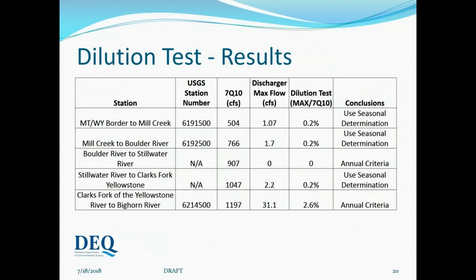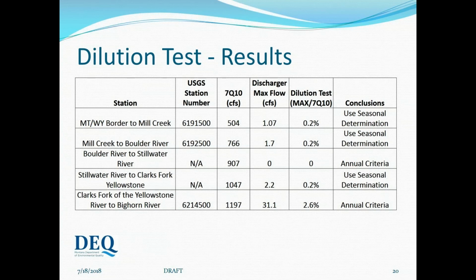So for segments 1, 2, 3, 4, and 5, again, for 3, there were no discharges. So 0 divided by the 7Q10 is still 0. So we default to the more conservative annual criteria based off of the median from the 12 months. And for segments 1, 2, and 4, the flow of the discharges were not considered significant, or they were less than 1%.